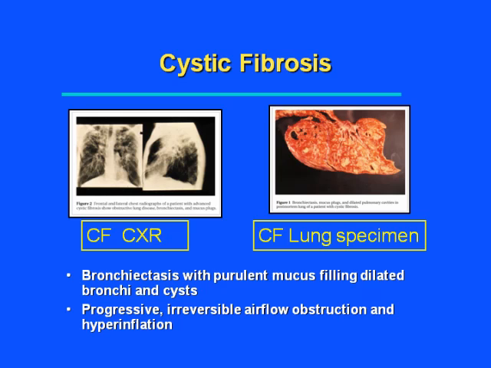Here is a slide to show on the left-hand side a chest X-ray of a patient with cystic fibrosis, and then on the right-hand side is a pathology specimen from a patient who died with cystic fibrosis. It may not show up that well here, but what we're really seeing on the chest X-ray on the left are changes of bronchiectasis and scarring.